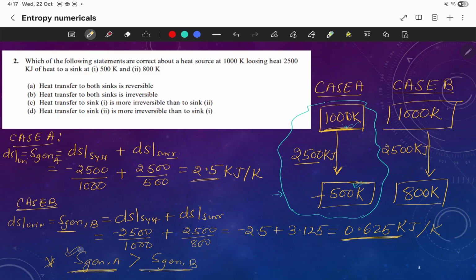That A is more irreversible than B. Okay, now tell me, if the value of S generation was zero, then what would we call it? If S generation is 0, then it means that the cycle is reversible in nature. Okay, so the S generation of A is higher than S generation of B. A is more irreversible.